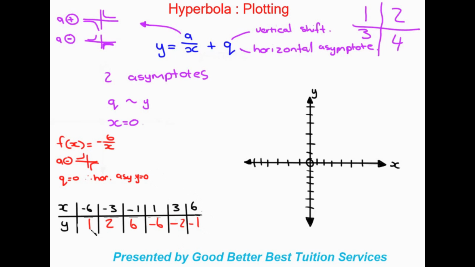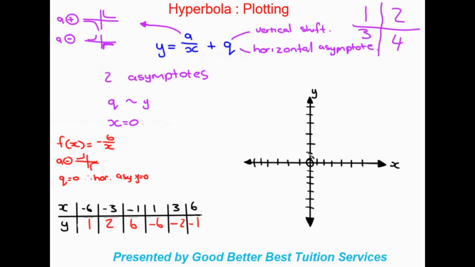Cool, you can see that the numbers are directly opposite to one another, but this isn't always going to be the case. It's only like this, going 1, 2, 6, -6, -2, -1, because we do not have a vertical shift. In the case that there's a vertical shift, there won't necessarily be this type of pattern to the y values, so it's always good to go through all of them. So now we can move over to plotting them.